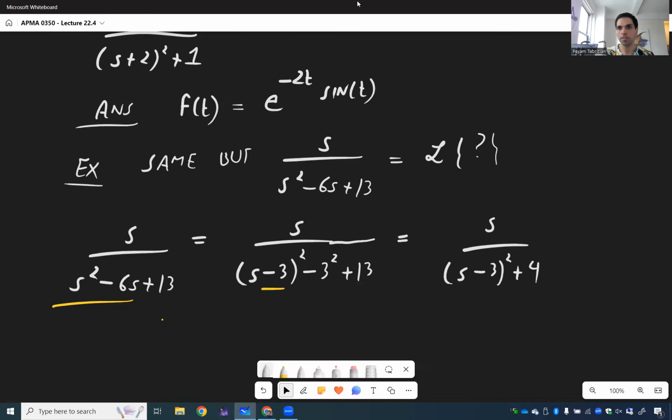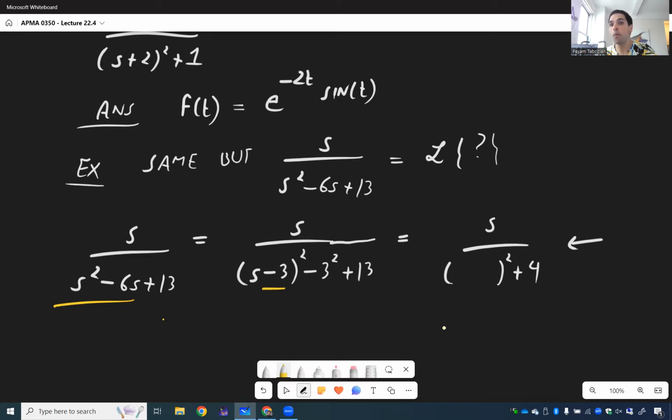And now, notice this term, well, it looks like a shift. And the question is, shifting by what? The thing that gives it away is this denominator. So here the denominator is very important. So this looks like a shift by 3.